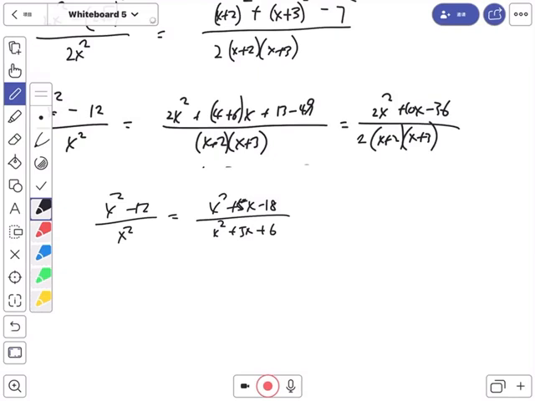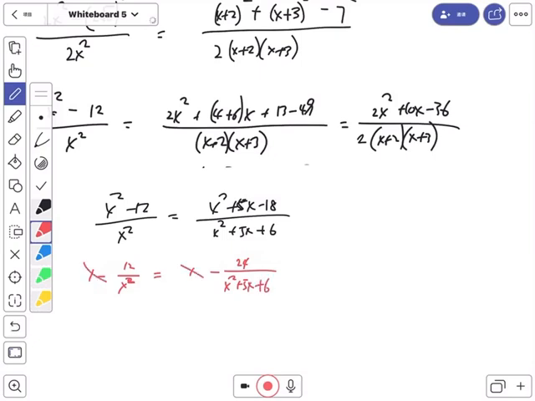So now we just rewrite both sides as 1 minus 12 over x squared is equal to 1 minus 24 over x squared plus 5x plus 6.